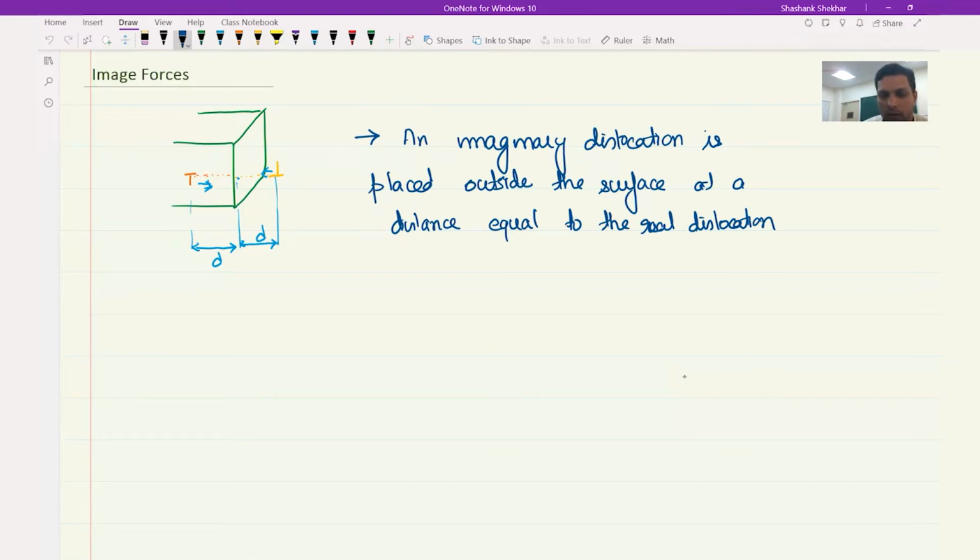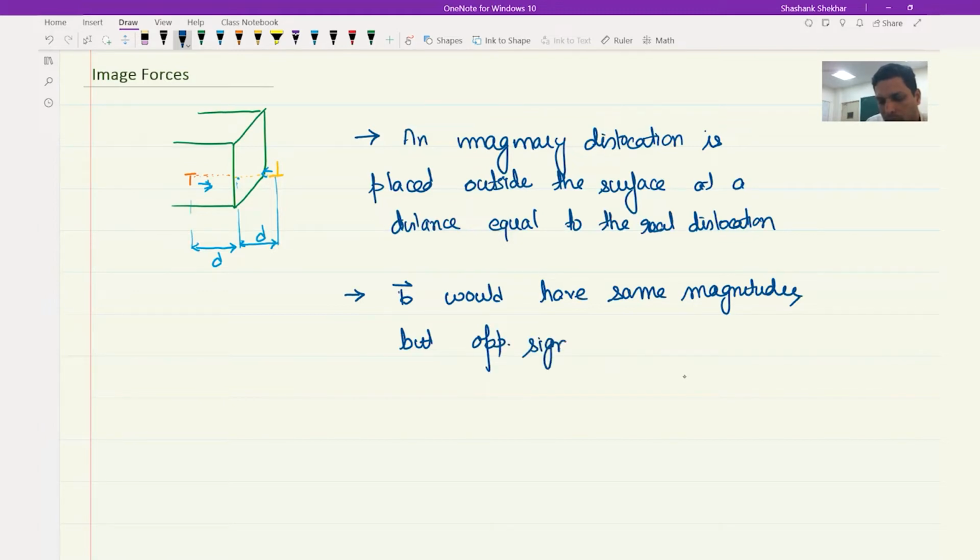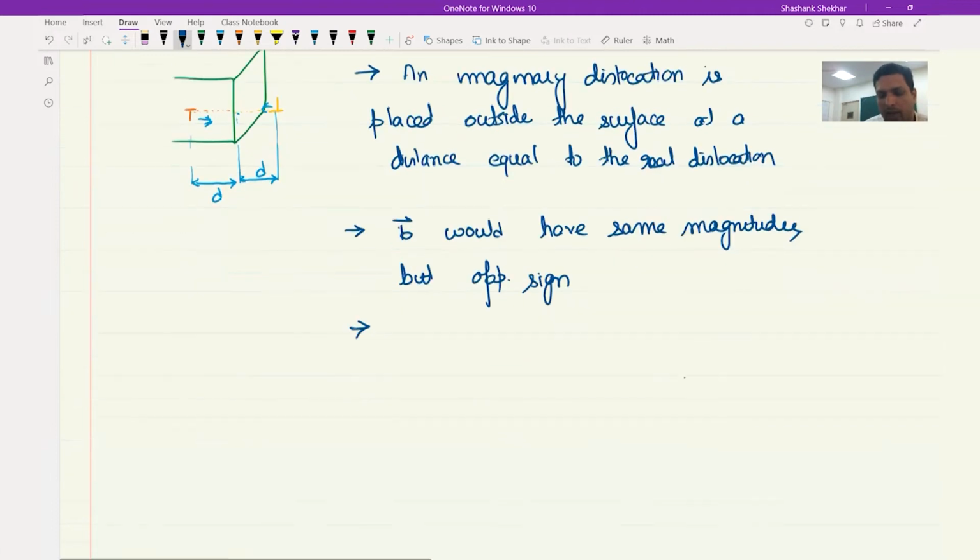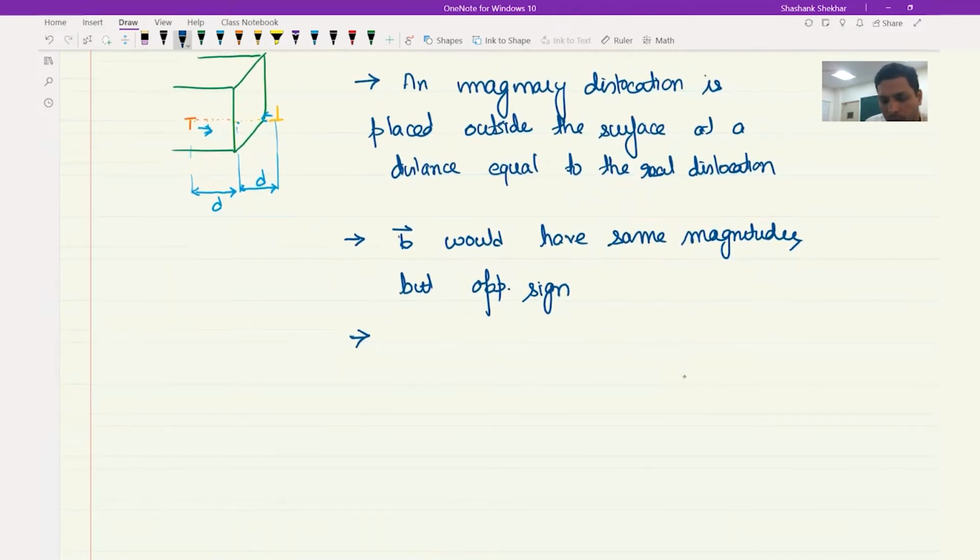And the Burgers vector would have the same magnitude but opposite sign. What this implies is that an attractive force is acting on this dislocation.